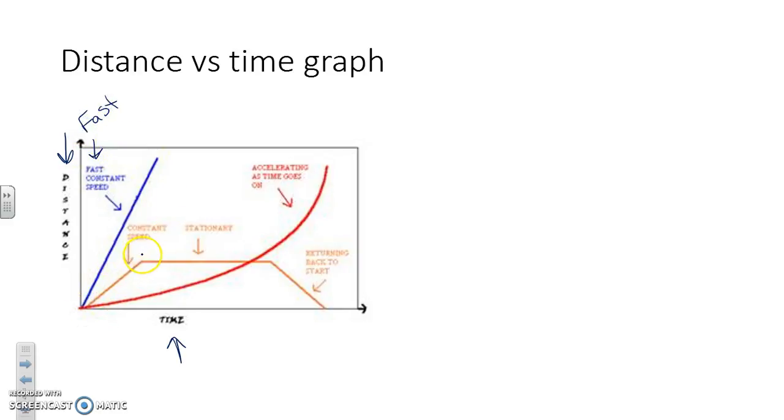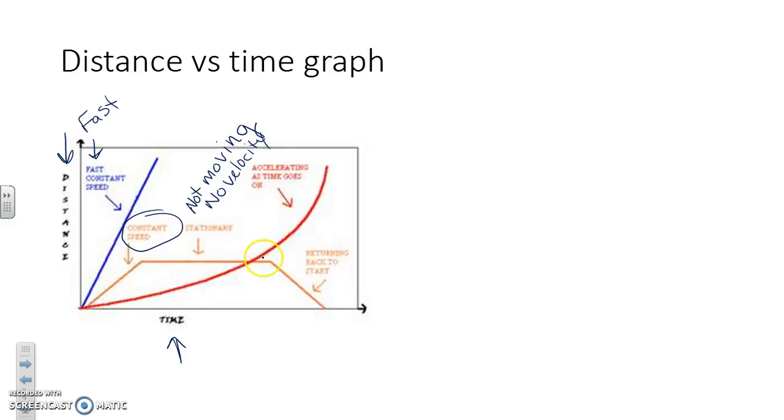If it's a straight line going across, if it's horizontal, that means it's stationary, it's not moving. What kind of velocity does it have? No velocity.